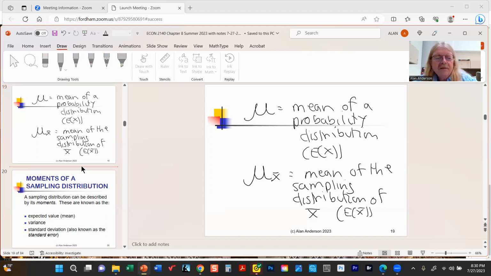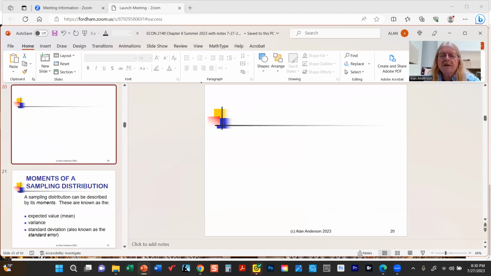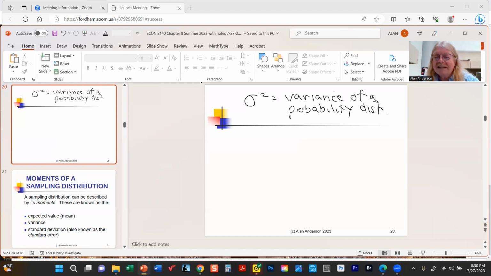Well, then, what about the variance? What should we do about that? Clearly this is the variance of a probability distribution, like the normal, which we saw in the last chapter. I'll just abbreviate that, dist. If we're specifically dealing with the sampling distribution of X bar, we're going to put that little subscript there so we can tell them apart.